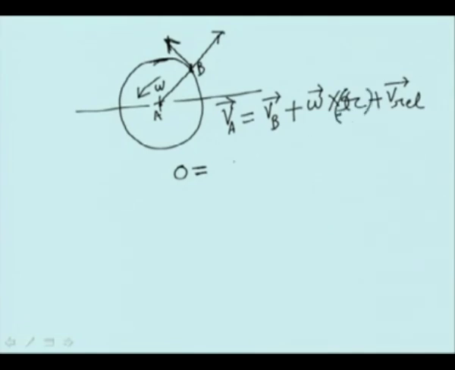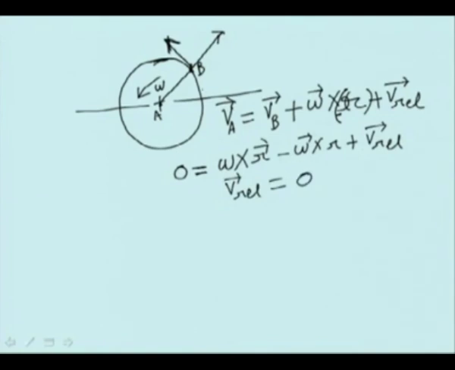I can write VB as omega cross r, where r is the radius of the circle. So, this becomes omega cross r, minus omega cross r plus VL, which gives us VL equal to 0.